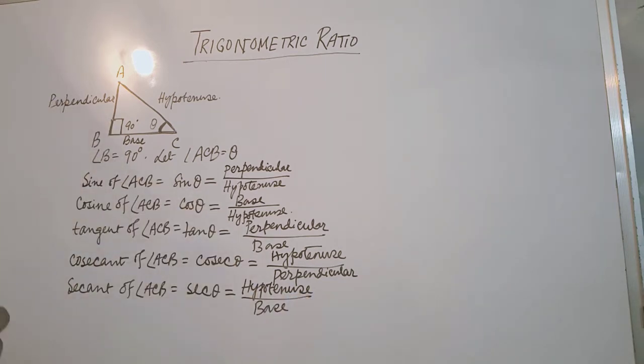And finally, the last trigonometric ratio is obtained, which is cotangent of angle ACB. In brief, it is called cot theta, which can be represented as base by perpendicular.